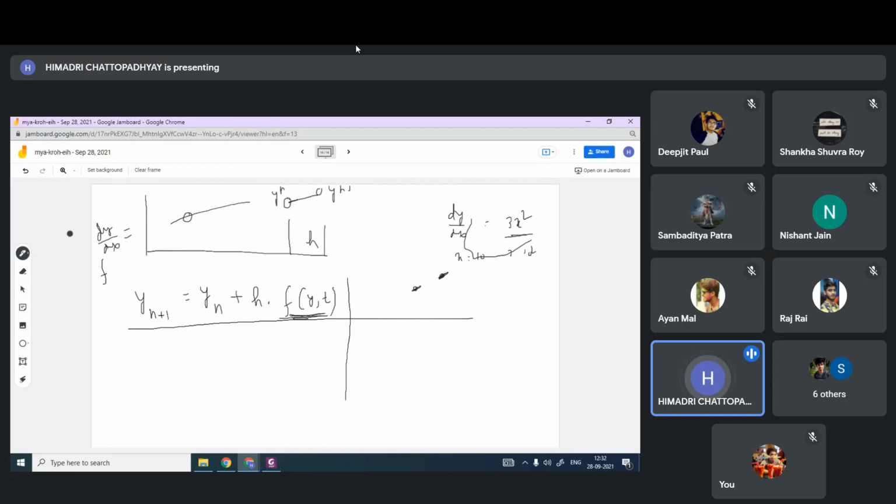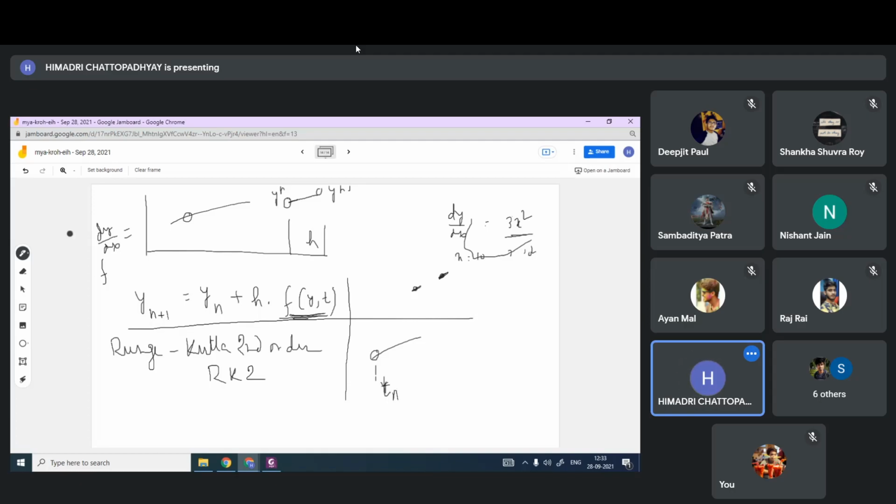Now second order accurate is known as Runge-Kutta 2, Runge-Kutta second order, RK2. When you write, see, you are evaluating here y at n, I mean at tn.